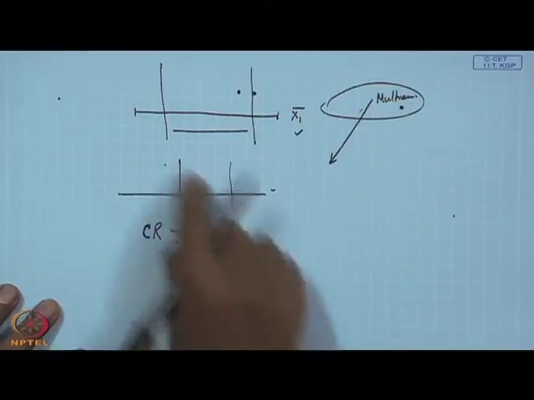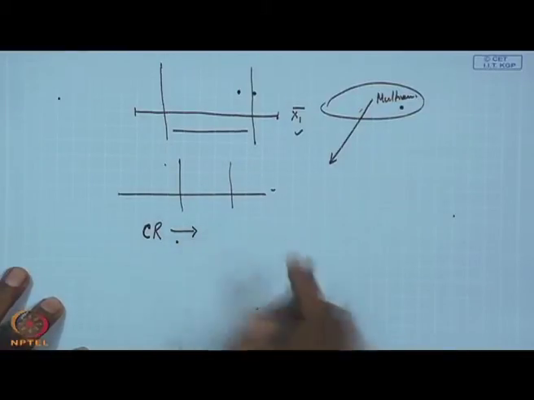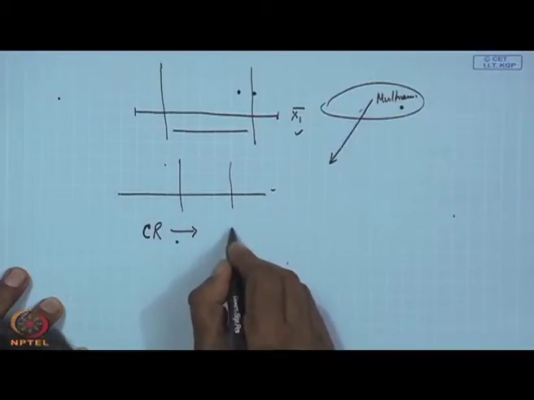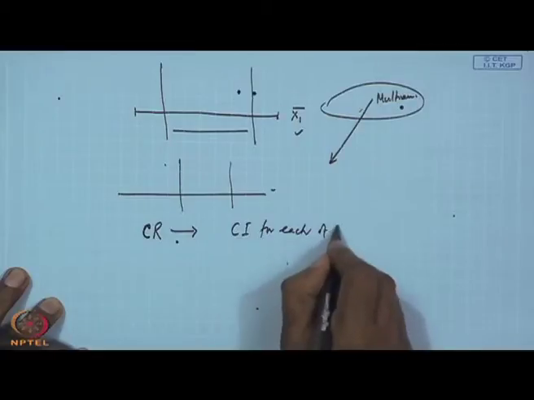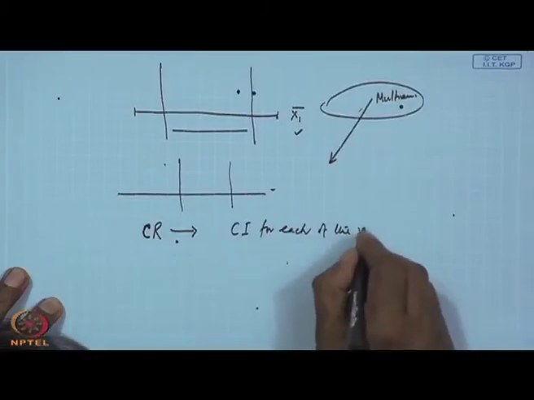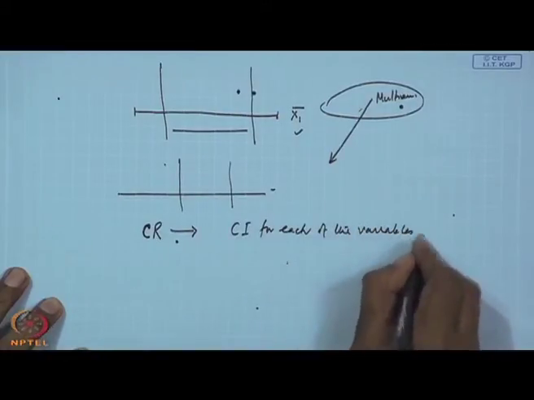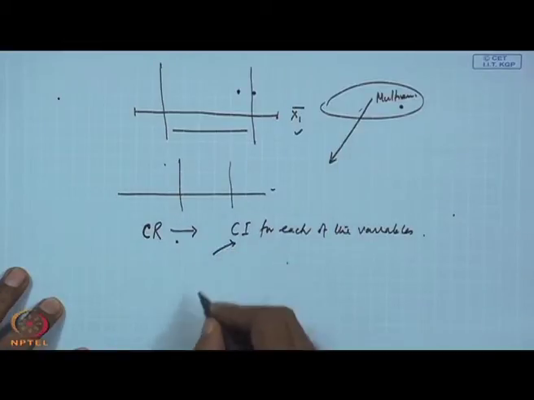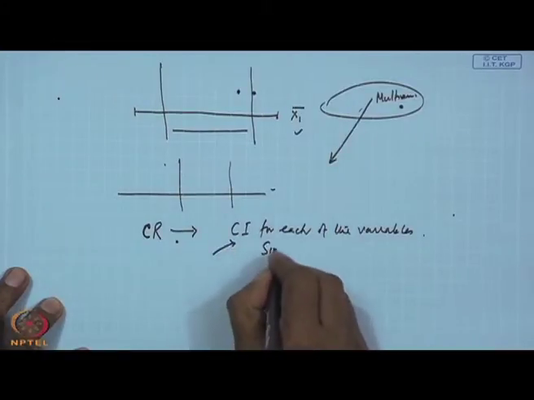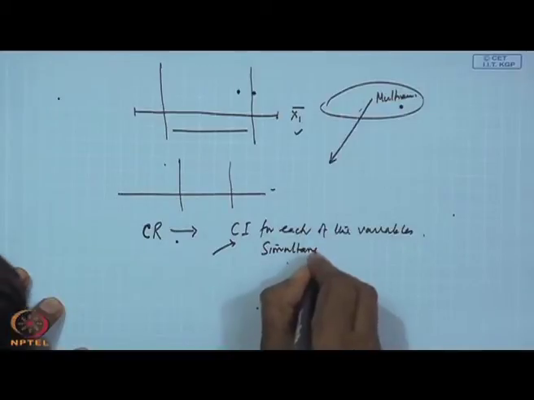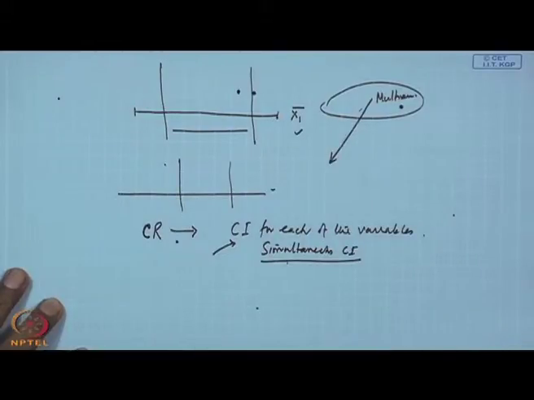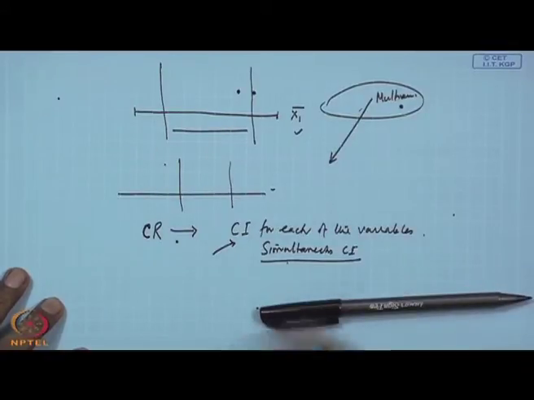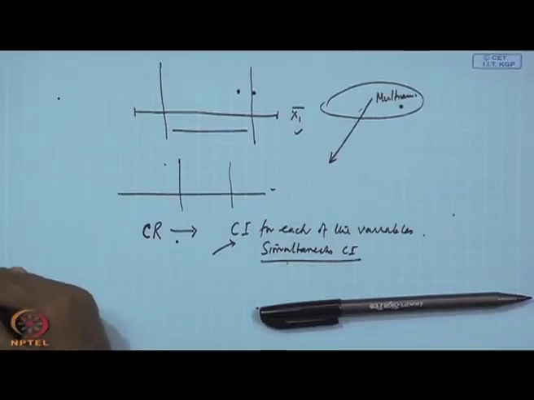Then you cannot do anything with this region, you have to go back to the confidence interval for each of the variables. That is what is known as simultaneous confidence interval. I will discuss this, but before that I want to do a little more on confidence region.